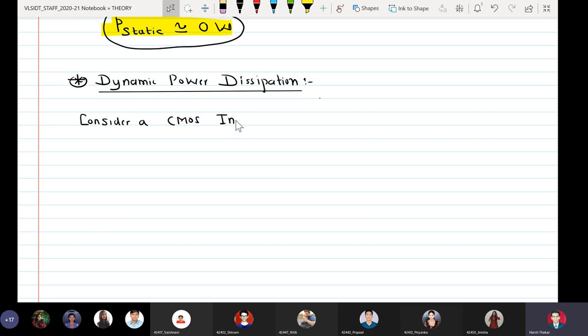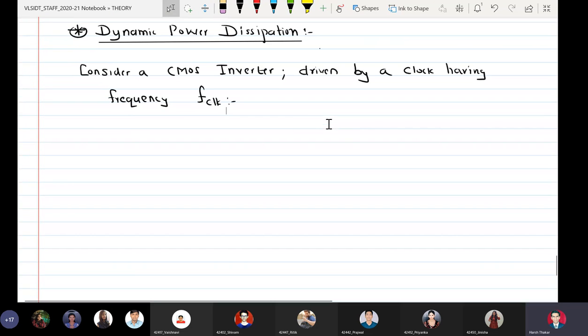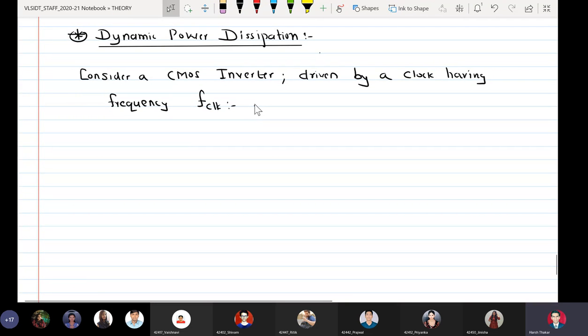So again what we do is consider a CMOS inverter driven by a clock having frequency FCLK, and driving a capacitive load CL.